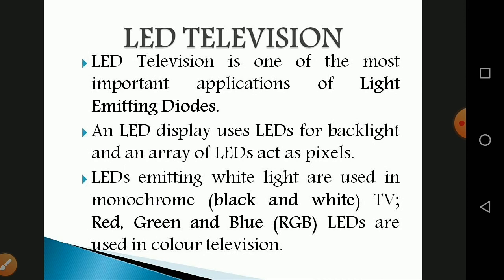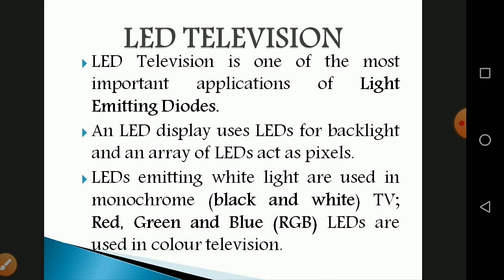And the next one is the LED television. The television is one of the most important applications of light emitting diodes. An LED TV is actually an LCD TV, a liquid crystal display, with LED backlight, and an array of LEDs act as pixels.